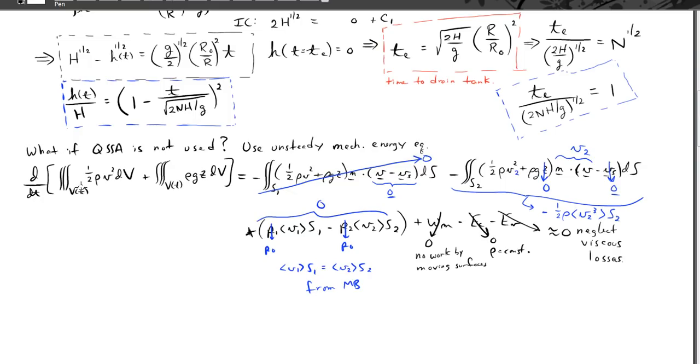So once again, as we said, we'll assume that velocity for the kinetic energy term is approximately R0 over R quantity squared times V2.